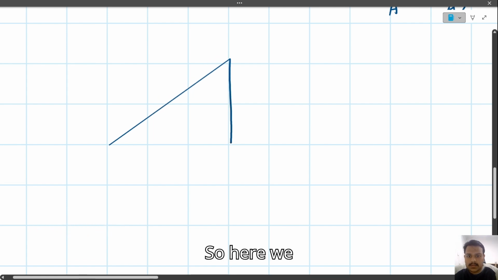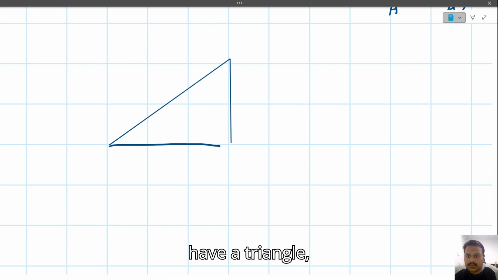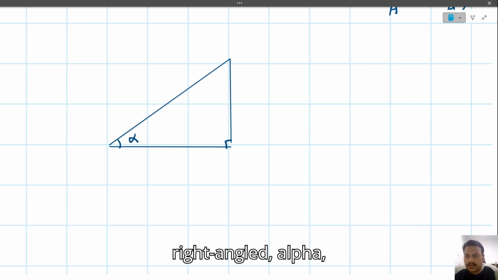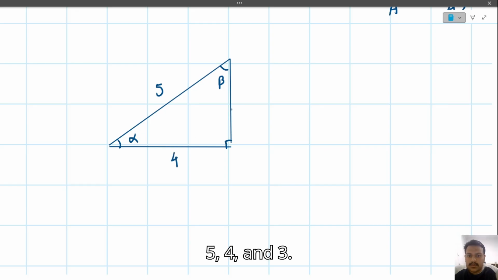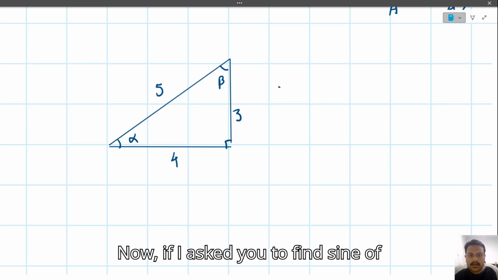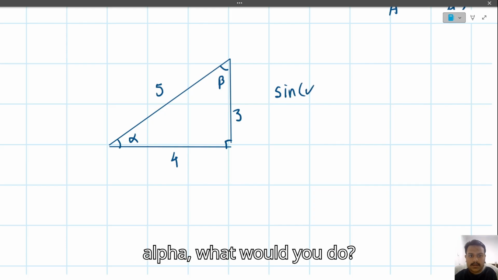Here we have a right angled triangle with angles alpha and beta, and we'll label the sides with some arbitrary values: 5, 4, and 3. If I asked you to find sine of alpha, what would you do?